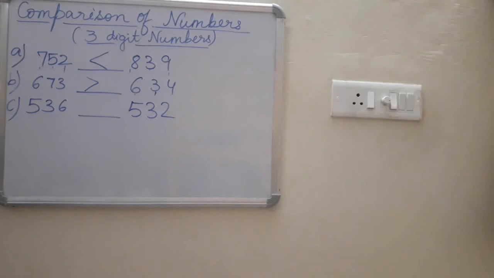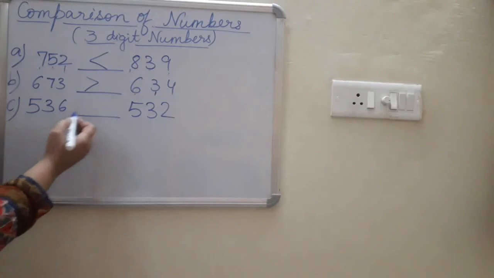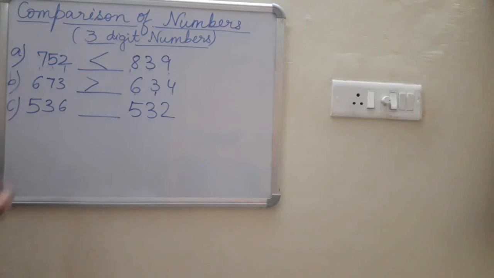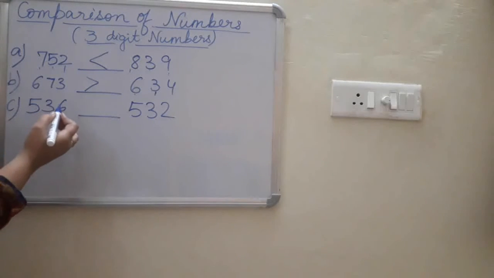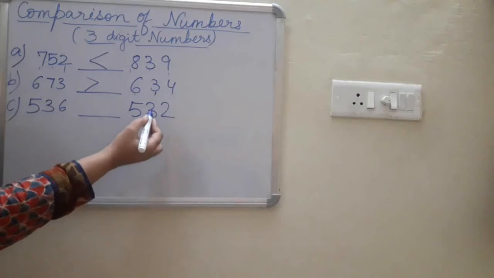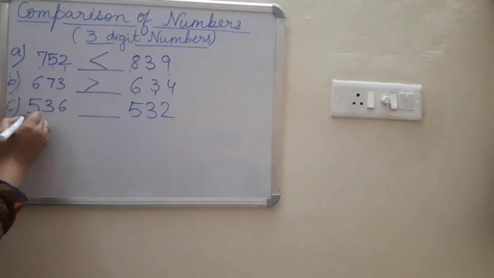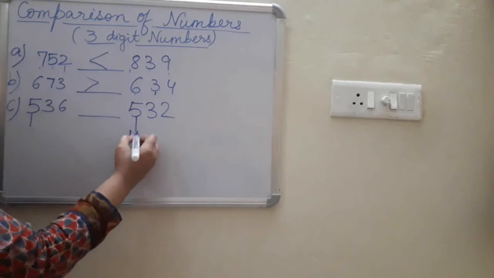Okay children, so our next question is 536 and 532. So we have to compare between these two numbers. Here the number is 536 and here 532. So our first step is to check the number at hundreds place.